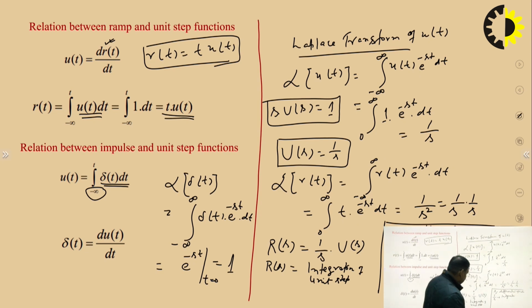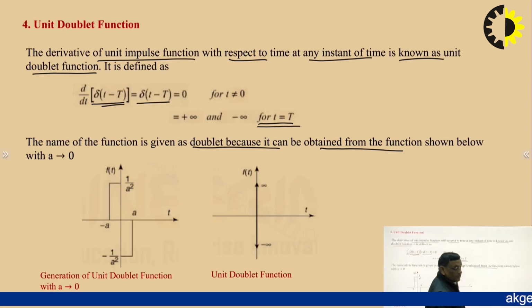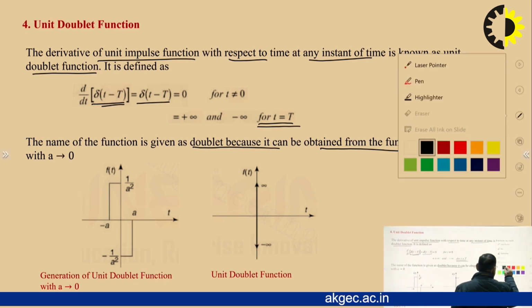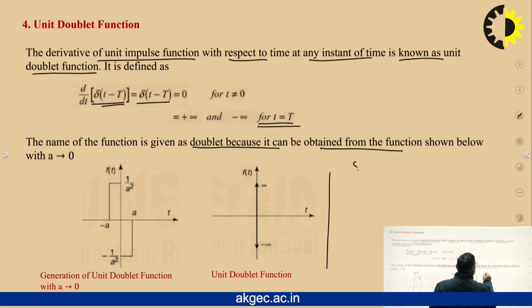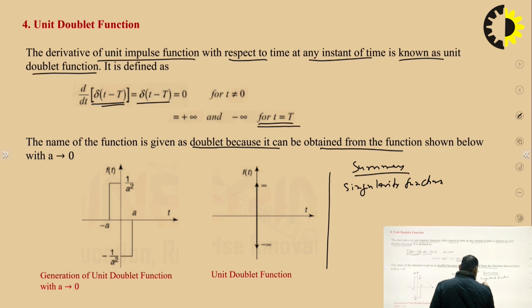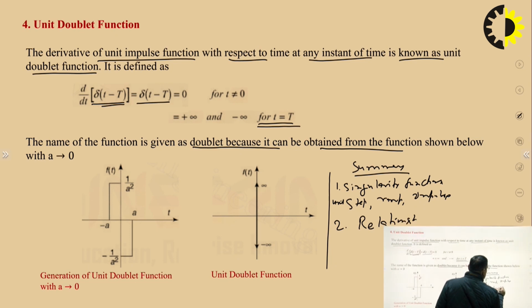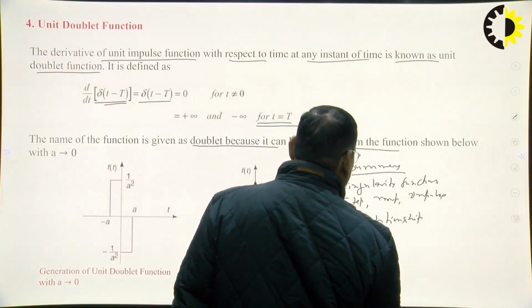So what did we discuss today? You can summarize here: singularity functions, unit step, ramp, impulse, then the relationship, and third the Laplace transform.